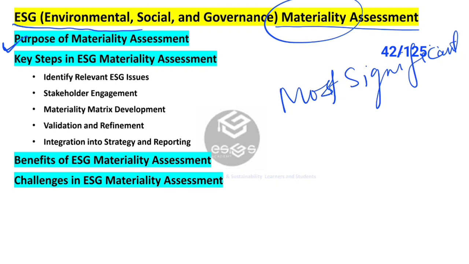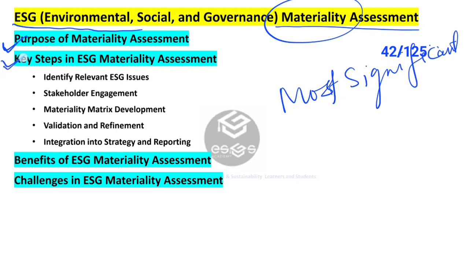Also, prioritize the ESG issues that pose potential risks or opportunities for the organization's financial and operational performance. Reporting and disclosure means informed, transparent and credible reporting on ESG performance to the stakeholders.